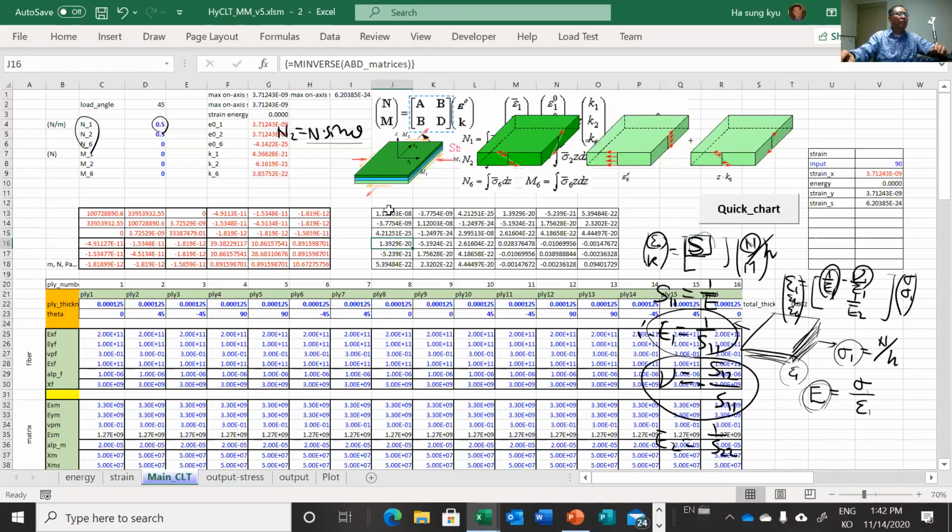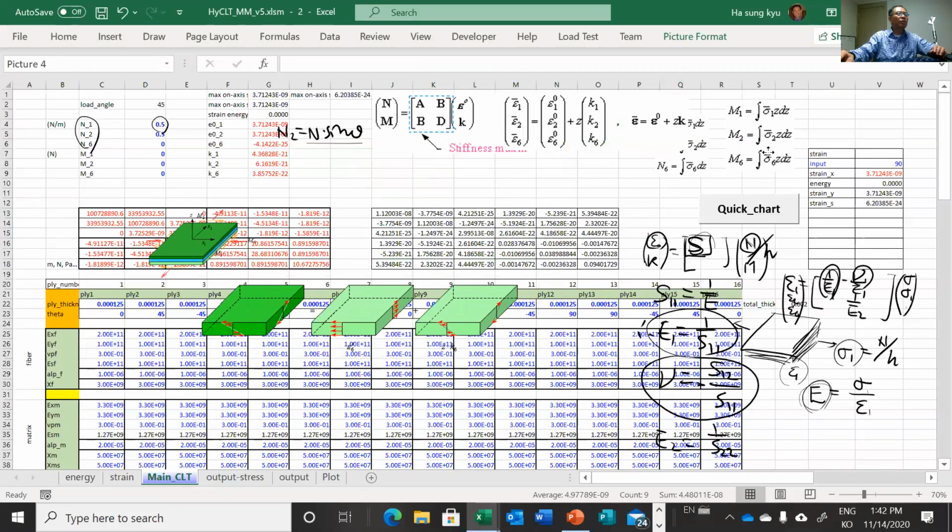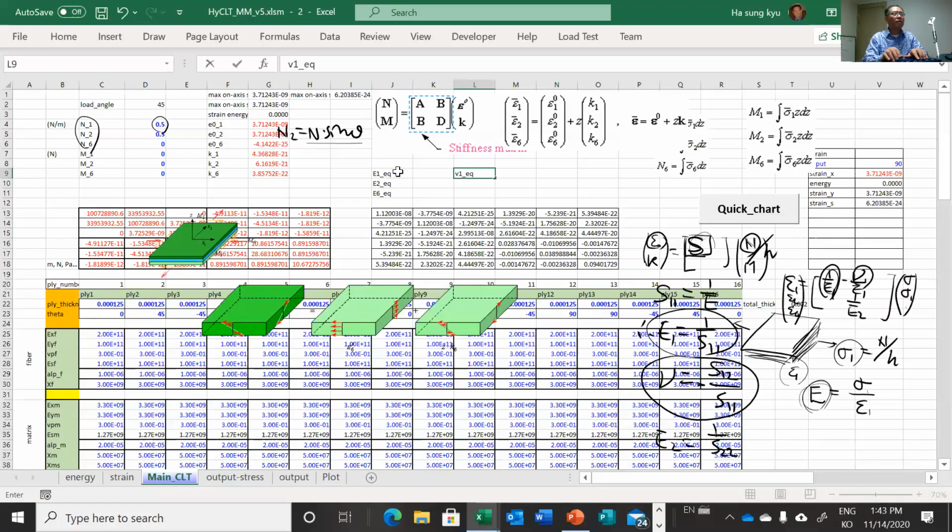So once we have an inverse matrix, what we can do is say epsilon 1 equivalent, epsilon 2 equivalent, and even epsilon 6 equivalent, and also Poisson's ratio mu1 equivalent.